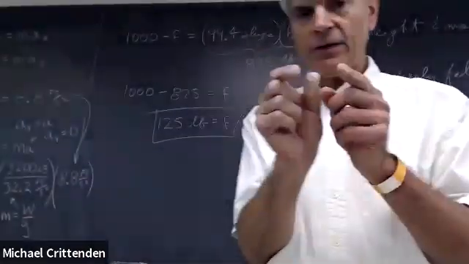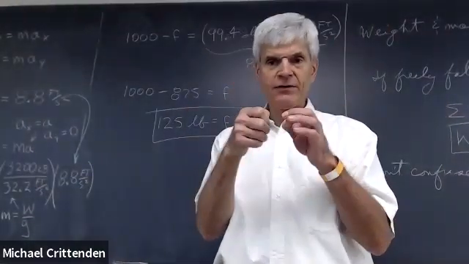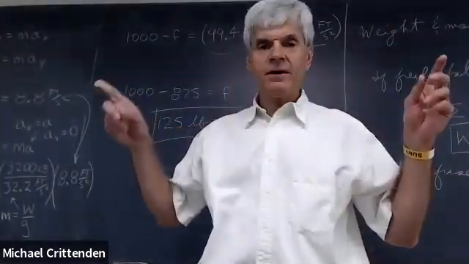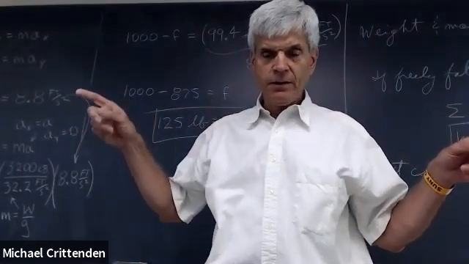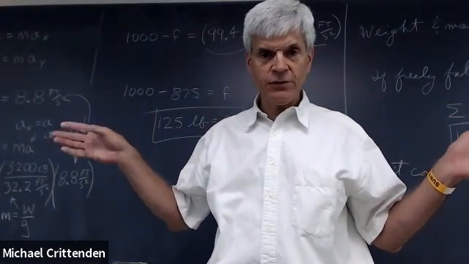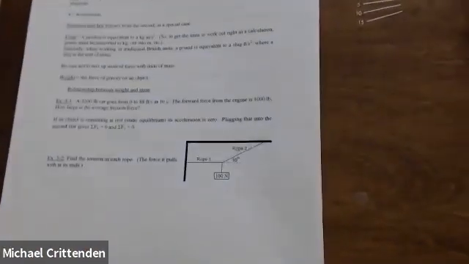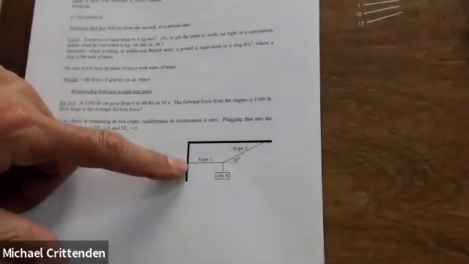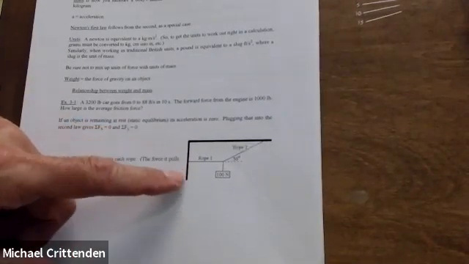Each little piece of the rope pulls on its neighbors. At the very end of the rope, the ends pull with this much force on whatever they're attached to. The one end of the rope pulls on the wall with that amount of force.